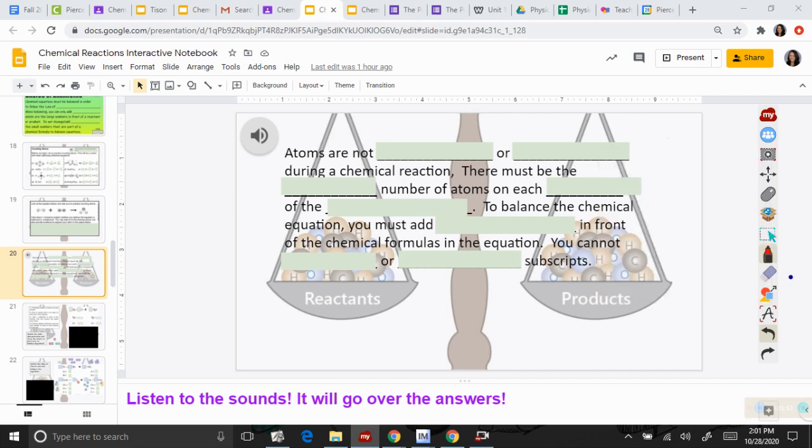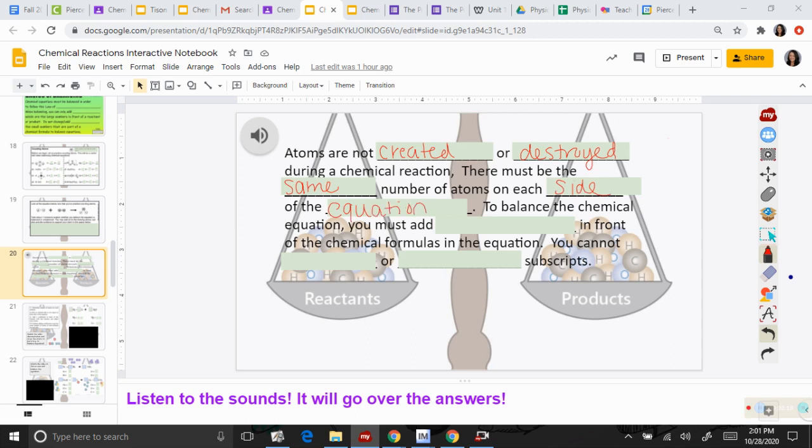Atoms are not created or destroyed during a chemical reaction. Therefore, there must be the same number of atoms on each side of the equation.